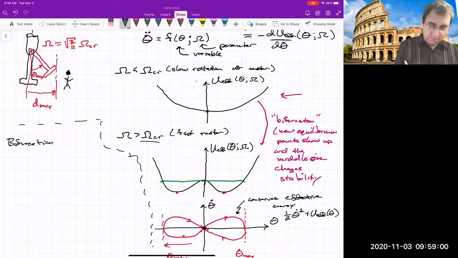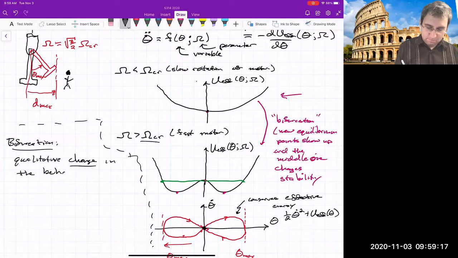Let me give you a working definition of bifurcation. It is a qualitative change in the behavior of a system as a function of parameters. And there might be more than one.